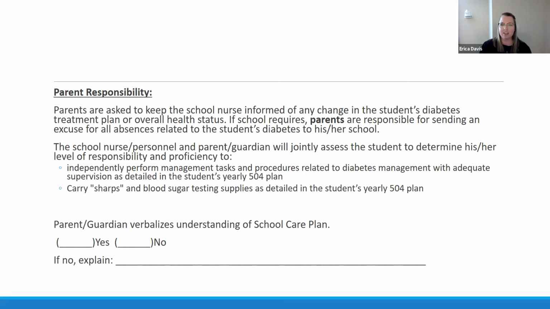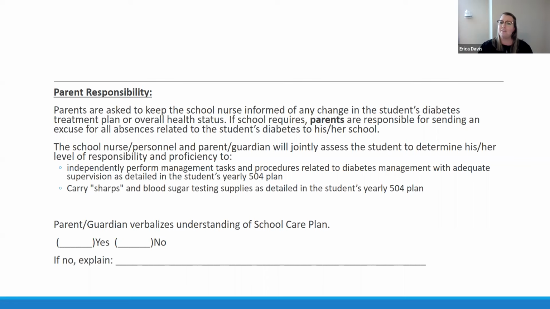Every time a child's insulin regimen has changed, so they come for a clinic visit and they happen to be seeing Dr. Sumter and she changes their insulin to carb ratio, we're actually going to give that child a brand new care plan. We give them 2 copies and we tell the parent, it's your responsibility to save one of these copies for your file and then sign one and send that to school.